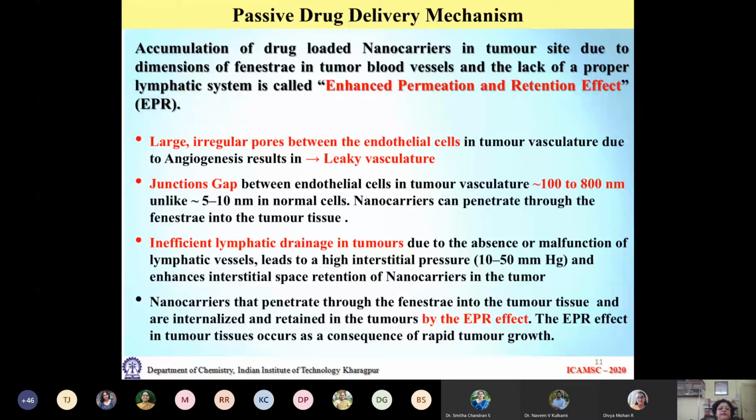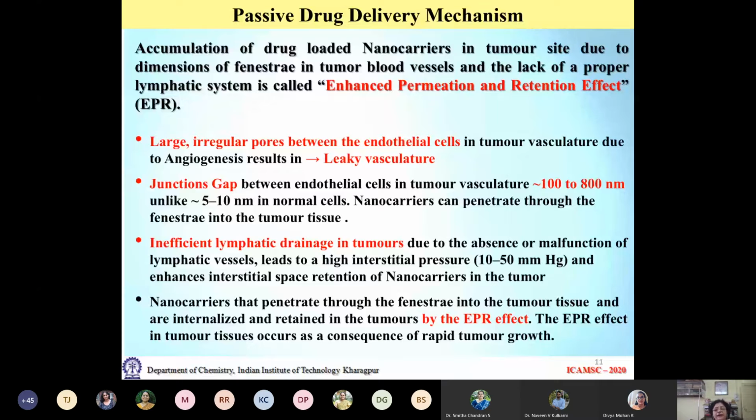Since the lymphatic drainage in the tumor is not sufficient, you generate high pressure, and this high pressure generated in the interstices enhances the interstitial space retention of the nanocarriers in the tumor. So nanocarriers that penetrate through the fenestrae into the tumor site are internalized and retained in the tumor by what you call the EPR effect.